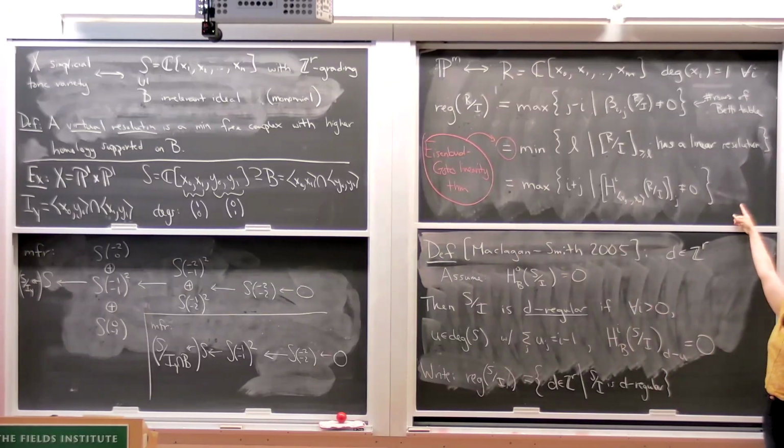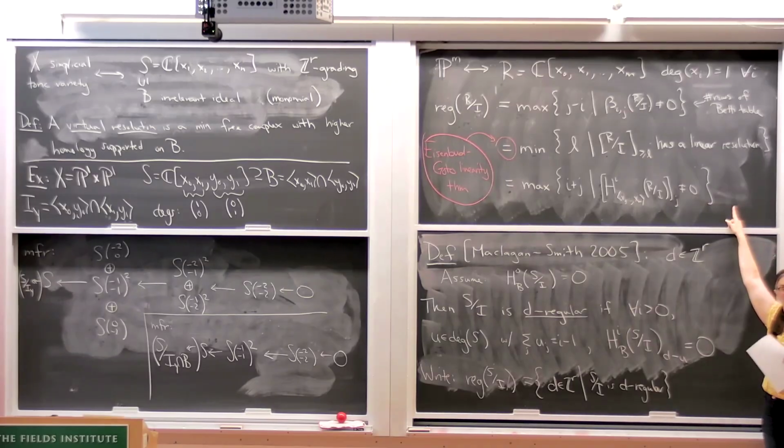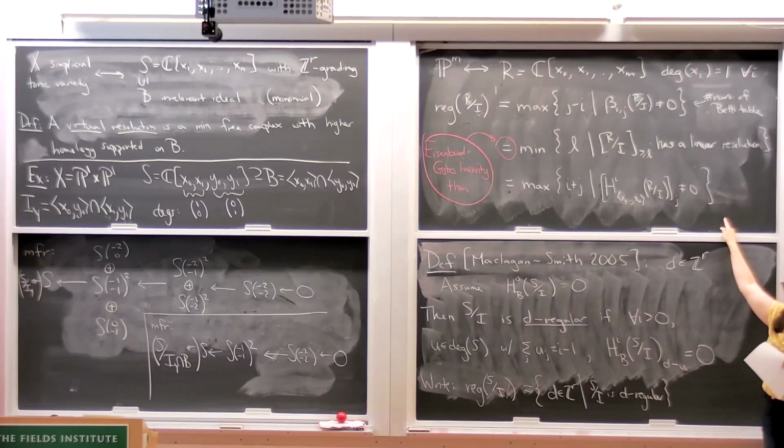So if up here regularity was just a number, right, an integer, but once you were regular at that integer, you were regular like at every one past that, you had like this linear resolution property. So you could think of regularity for projective space instead of being an integer as being like an array inside of the integers, like you have some cutoff and you take the interval from there to infinity.